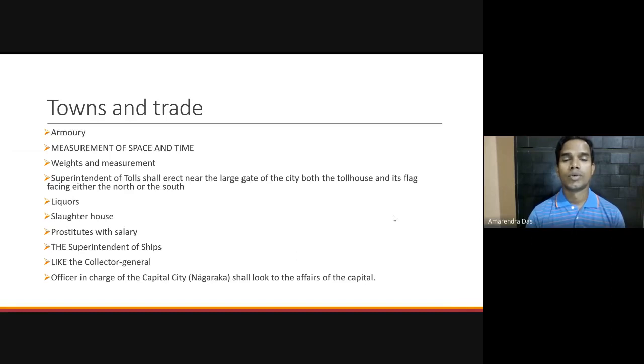Just like our present municipal corporation and the mayor, or you can say a commissioner of the municipality. In Arthashastra, it is described that for every capital, one officer would be in charge.